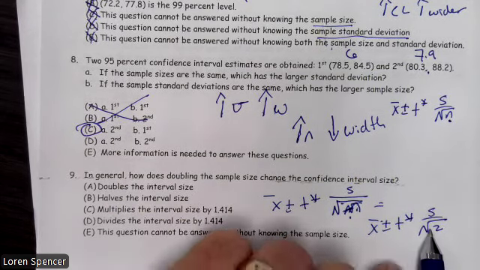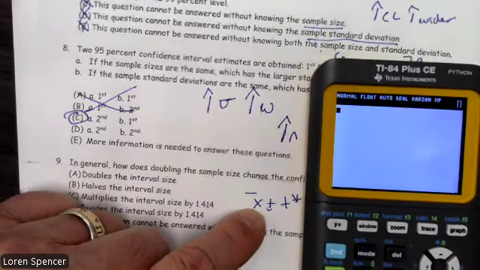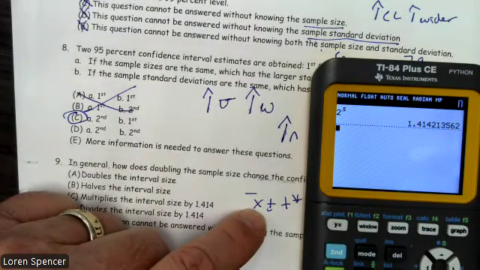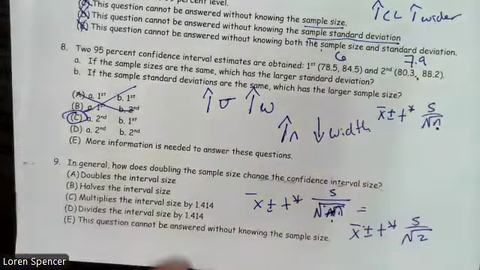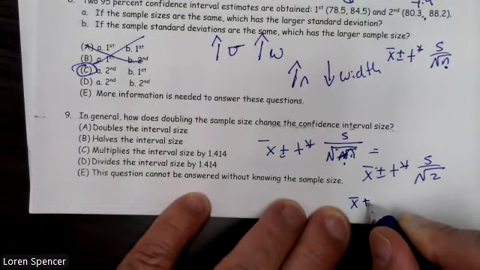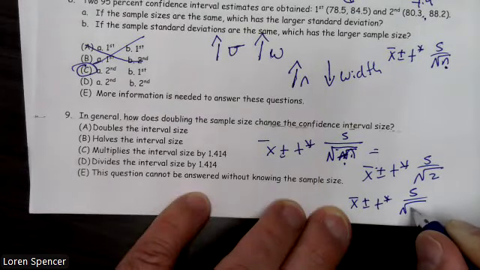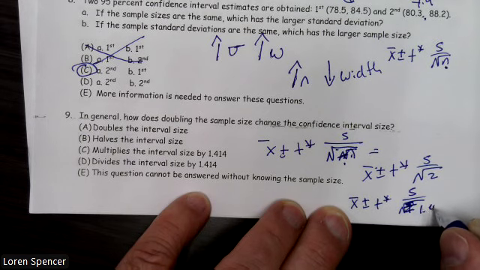What's the square root of 2 first off? 2 raised to the half power is 1.414. So I could have rewritten this as X bar plus or minus T star S divided by 1.414.